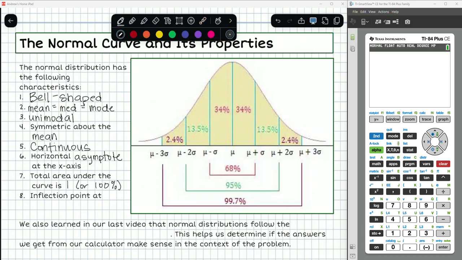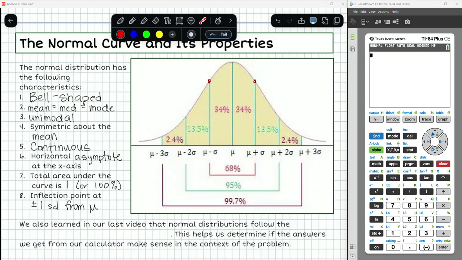One thing that will be helpful is another mathy term. There is an inflection point at plus or minus 1 standard deviation from the mean. So right here and right here. You're never going to be quizzed on what an inflection point is, but it's useful to know.